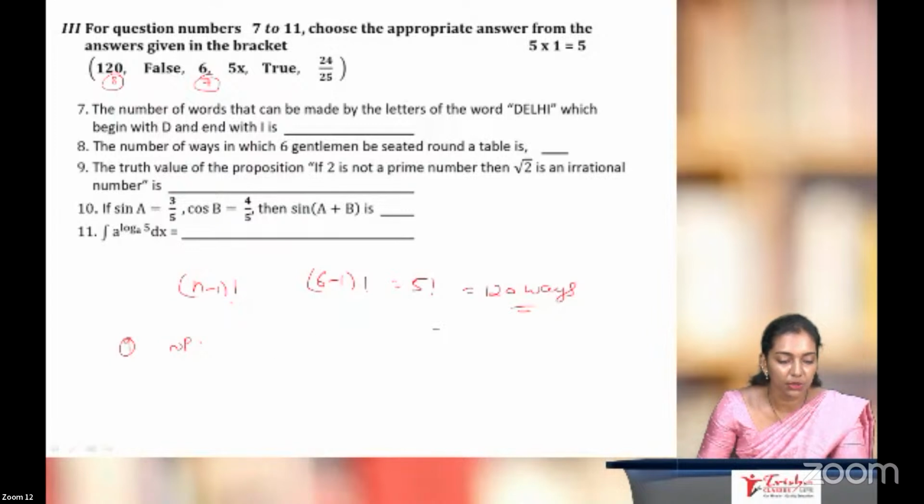So in if then statement, what is the truth table? So when it is P, Q, when both are true, P implies Q, you write true. When one is true, one is false, it is false. When one is false and the other is true, it is true. And when both false, it is true.